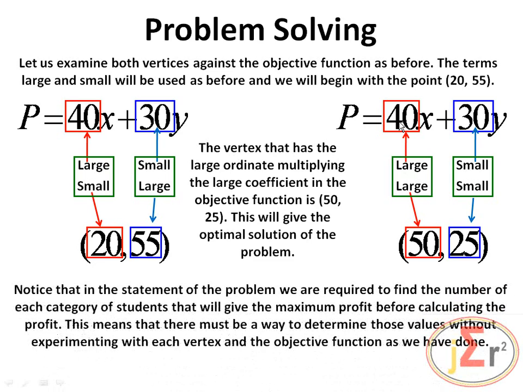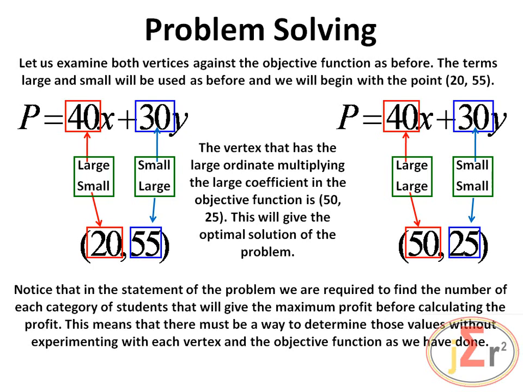Notice that in the statement of the problem, we are required to find the number of each category of students that will give the maximum profit before calculating the maximum profit. This means that there must be a way to determine those values without experimenting with each vertex and the objective function, as we have done.